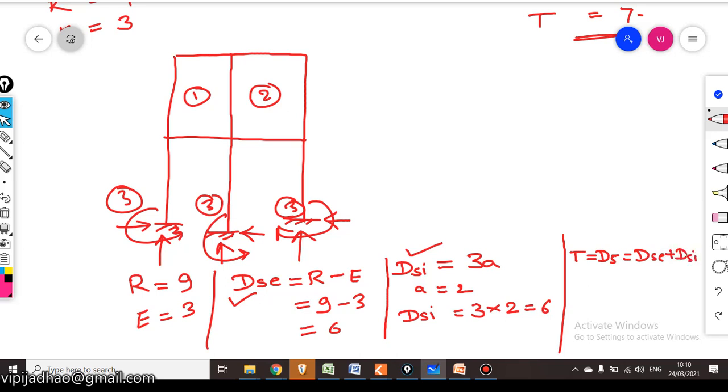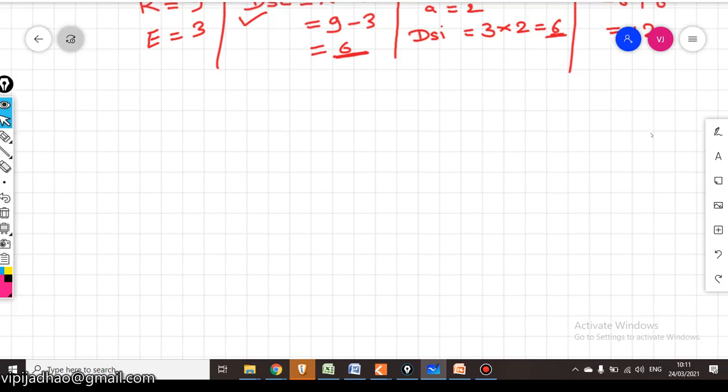We have calculated DSE as 6 earlier, and DSI is again 6. So 6 plus 6 will be the total degree of static indeterminacy for this particular frame, which is 12. We'll see another example. It will be clear to you.